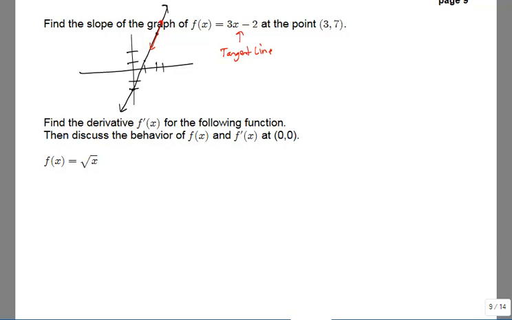And if we want to know the slope of the tangent line, then that's going to be the same as the slope of this linear function, which we know is 3. So without any work at all, you should be able to give me an answer that the slope has to be 3, since the function was linear to begin with, which means the tangent line will be the line itself, and so the slopes have to match. Okay?